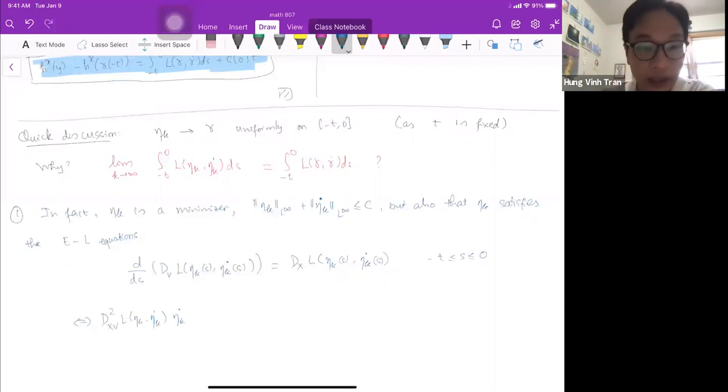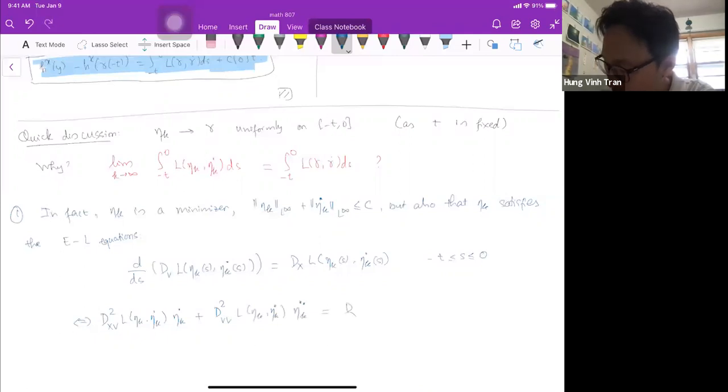And then I differentiate in the second slot, I should have d squared v v L at eta k, eta k dot, times eta k double dot, right? Equals d_x L at eta k, eta k dot.